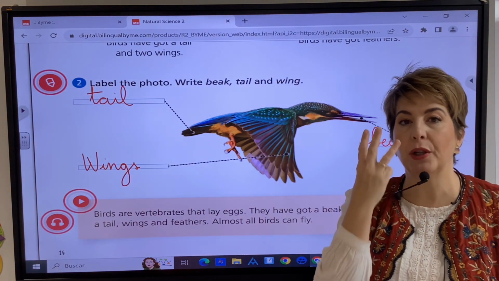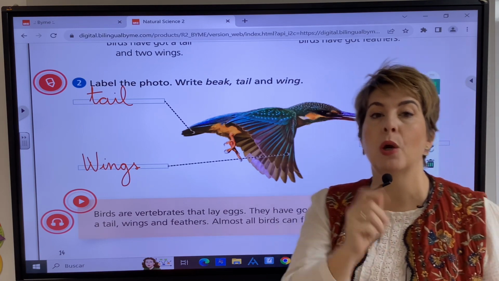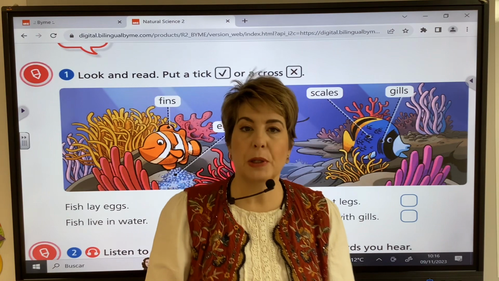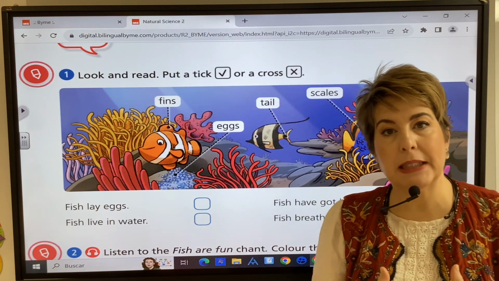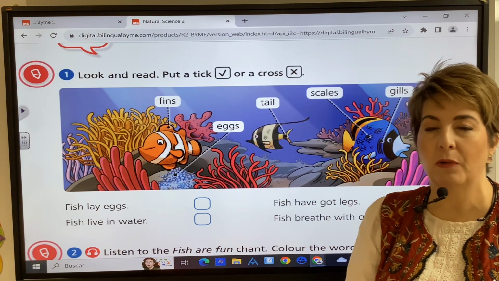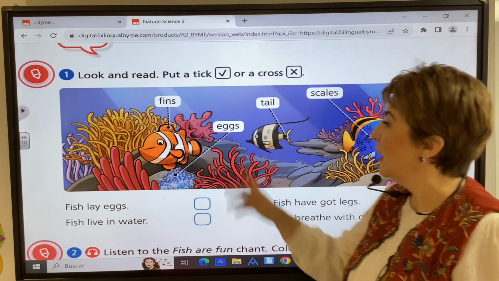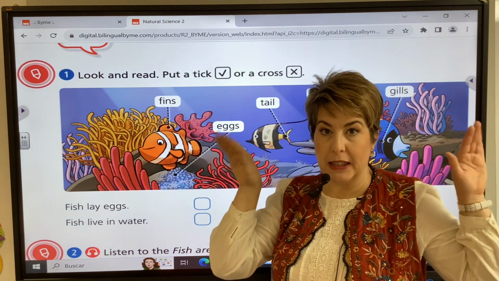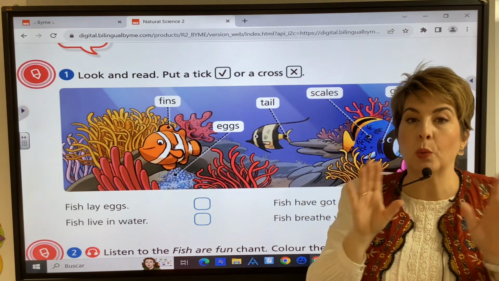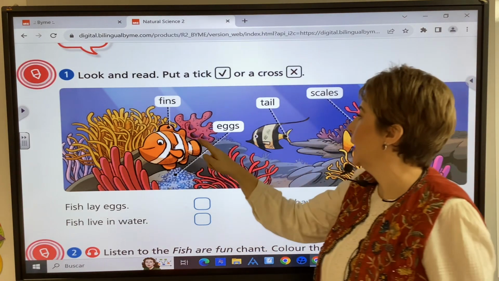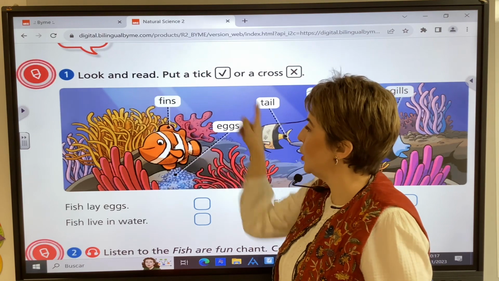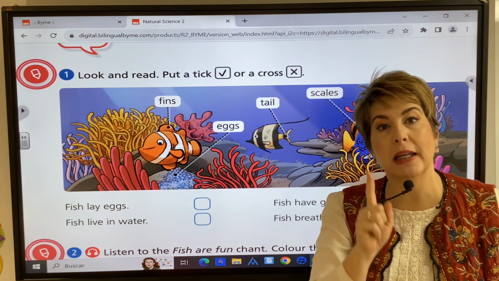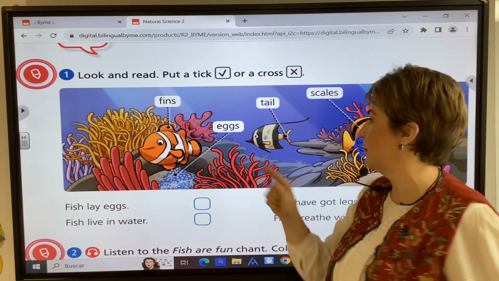Let's go to the third group of animals, which are fish. Look at the picture and let's see the characteristics of fish. Fish have fins, similar to wings but smaller. Fish lay eggs, so they are oviparous.